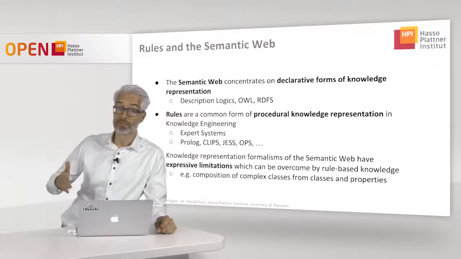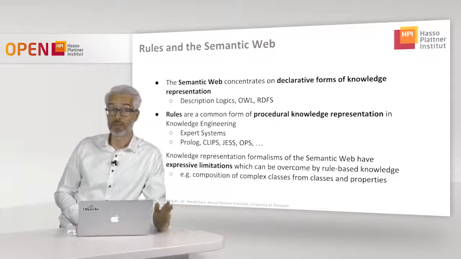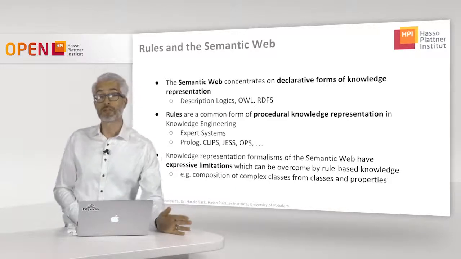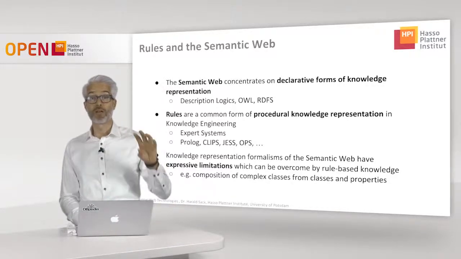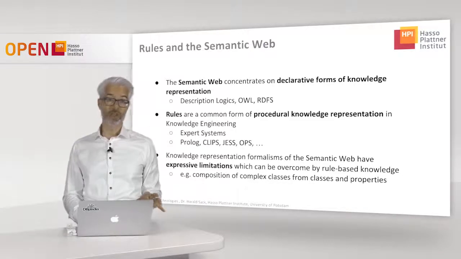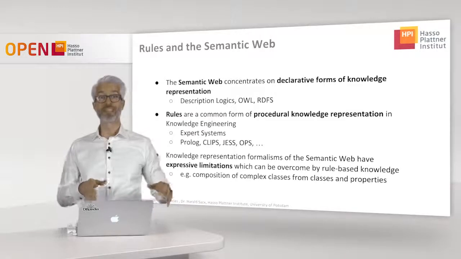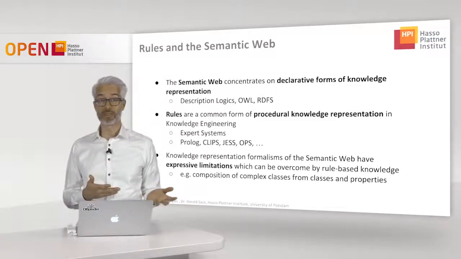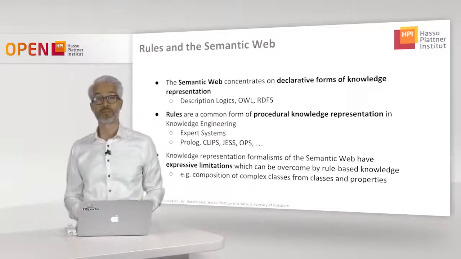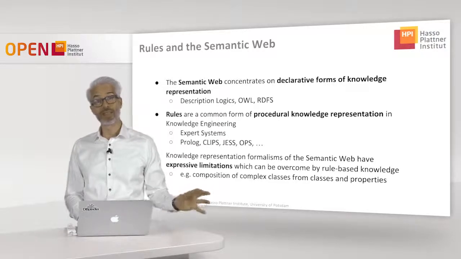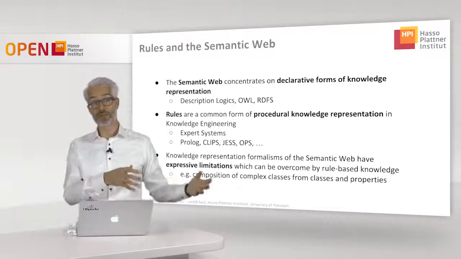But first, let's distinguish between rules and the semantic web. Usually in the semantic web, we concentrate on so-called declarative forms of knowledge representation, like description logics, OWL or RDF. So we simply declare what exists and what does not. It's not procedural. Rules, on the other hand, are somehow procedural. You know this with if, then, else.